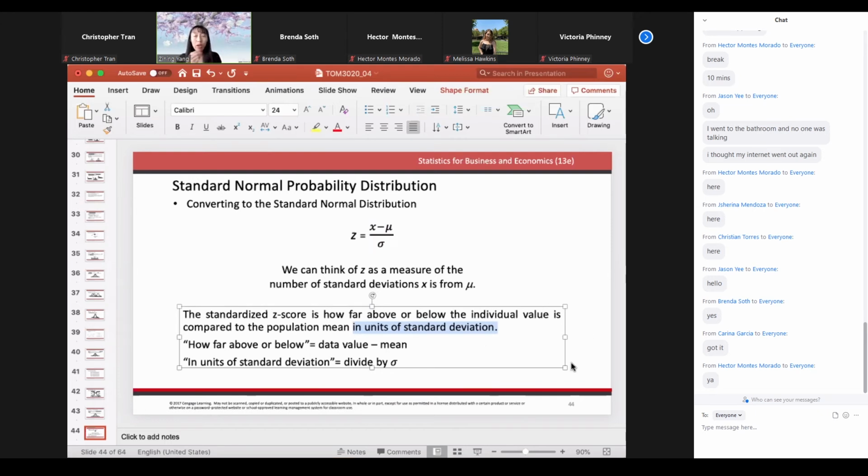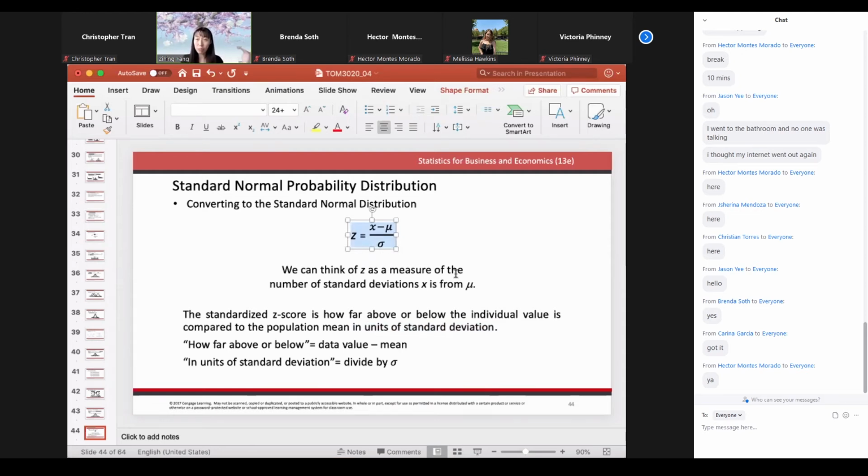So we standardize the difference between x and mu by dividing by standard deviation. Right? In your data set, this is how much variability you have. By that standard, are you far or are you very close to the mean? So we standardize it by standard deviation. So it's a simple calculation.